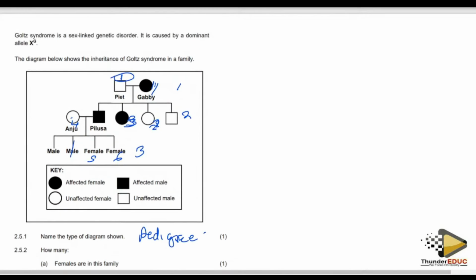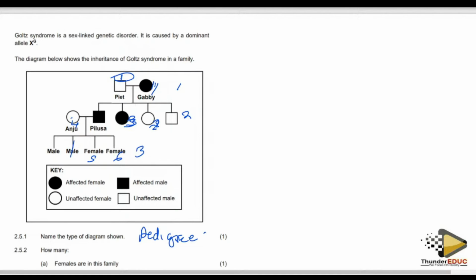Yes, it's caused by a dominant allele. So if it is caused by a dominant allele, what does it mean? It means that when you are writing it, shaded means affected, because whoever is shaded is affected with this disorder.